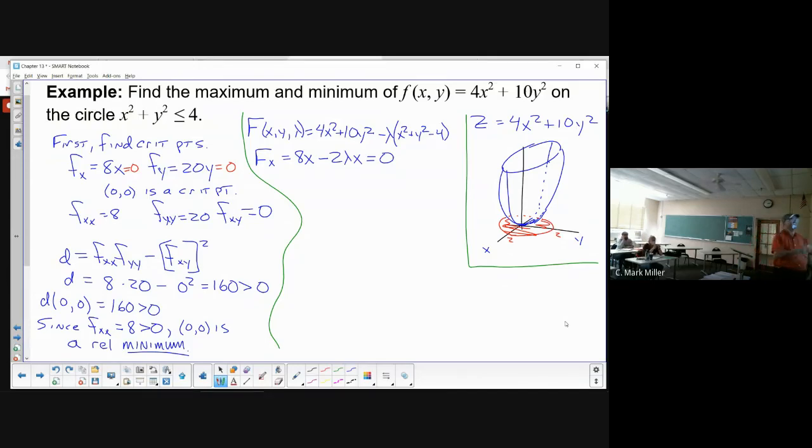Switch to decaf. Fy equals 20y minus 2 lambda y equals 0. And of course, capital F of lambda is minus... Well, where does that leave us?